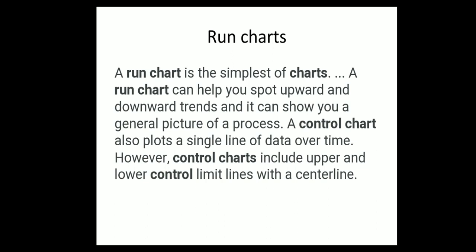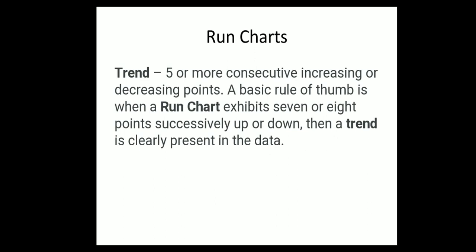A run chart is the simplest of charts. A run chart can help you spot upward and downward trends, and it can show you a general picture of a process. A control chart also plots a single line of data over time. However, control charts include upper and lower control limit lines with a center line.